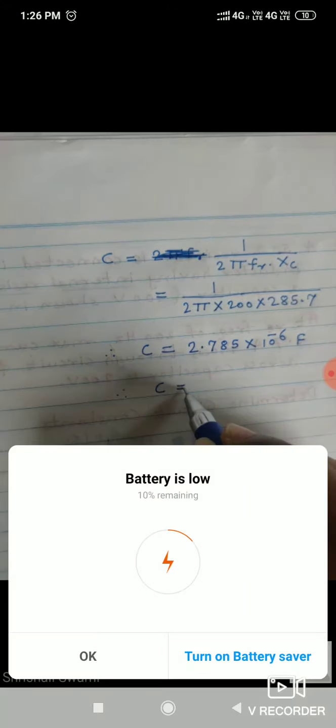From this we will get the value of C. That 10 raised to minus 6 means microfarad, correct. This is in farad. If you want to convert into micro, C is equal to 2.785 microfarad. So this is the answer of capacitor C.